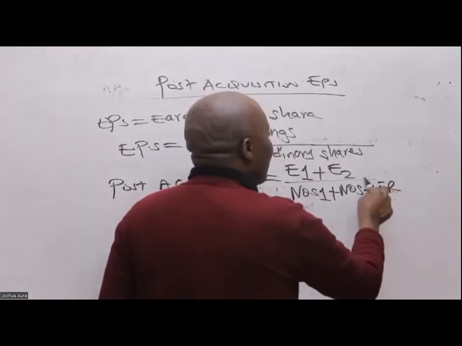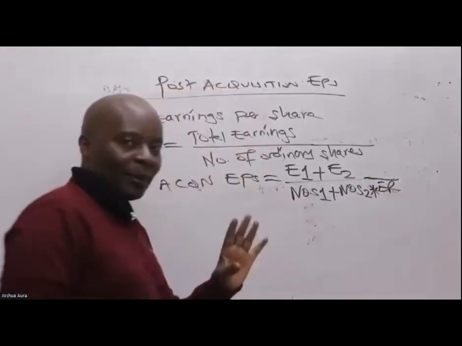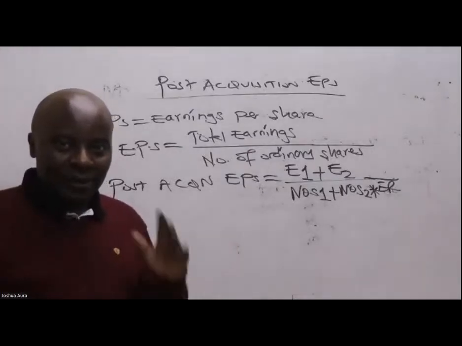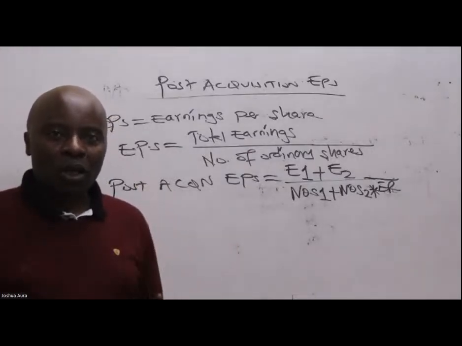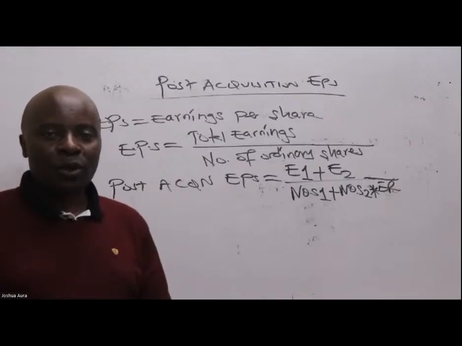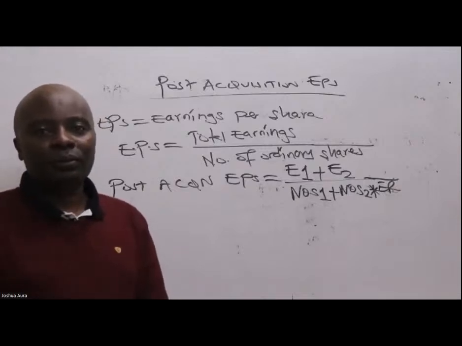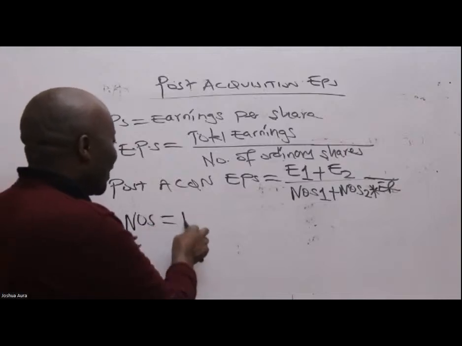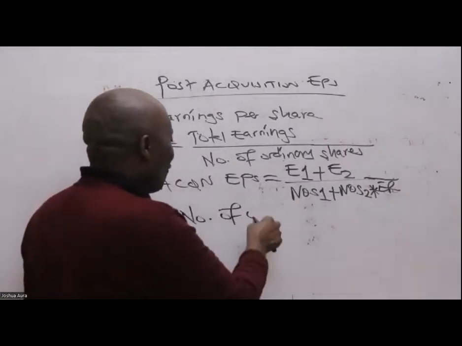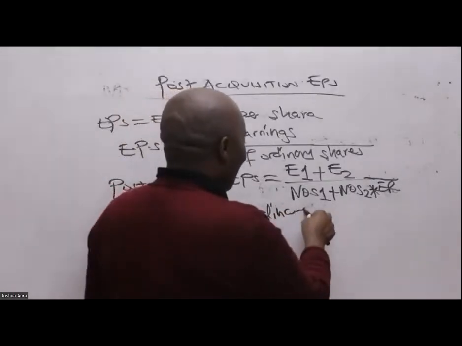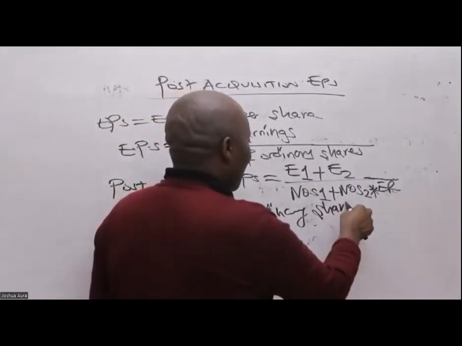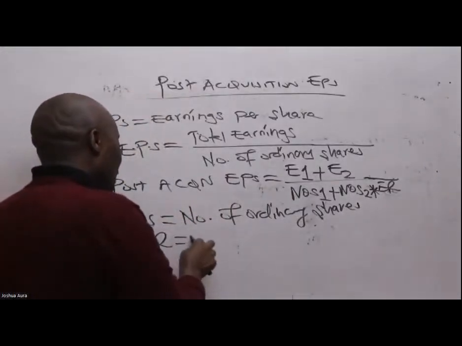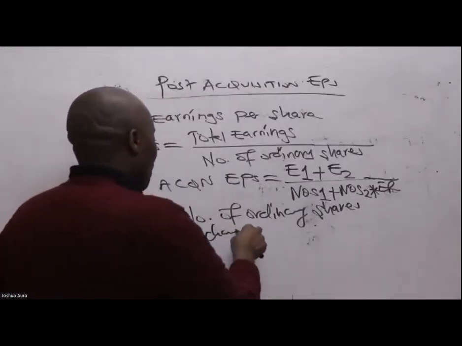But remember that company 2, which happens to be representing the wife, must be multiplied with what we call the exchange ratio. Please don't forget that NOSE stands for number of ordinary shares, and this ER stands for exchange ratio.